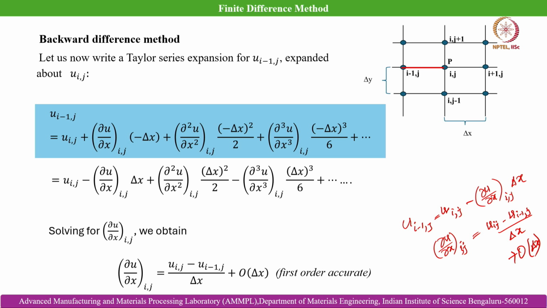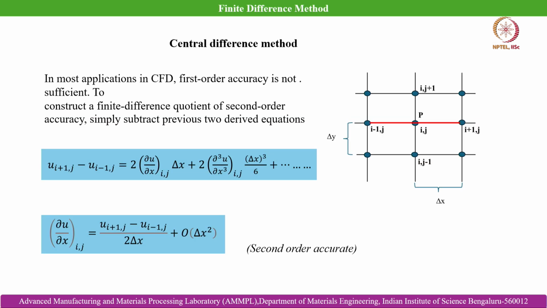Now, to enhance the accuracy of the solution, we can go for the central differencing scheme of the finite difference method, which is second order accurate. How do we do that? You can see over here the grid point where we need to estimate the value of the primary variable. We are considering the values at two different locations which are diametrically opposite to each other, at the i plus 1, j node and also at the i minus 1, j node.